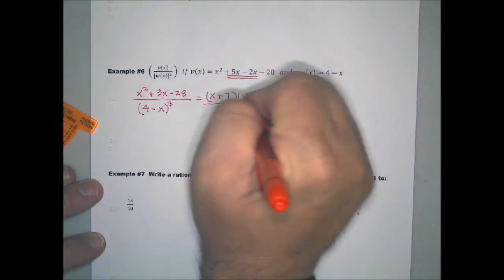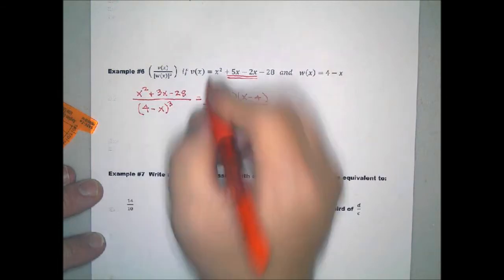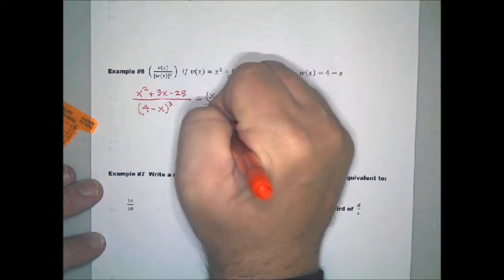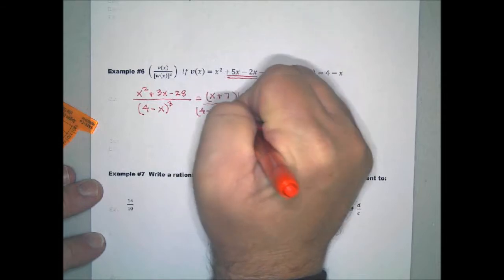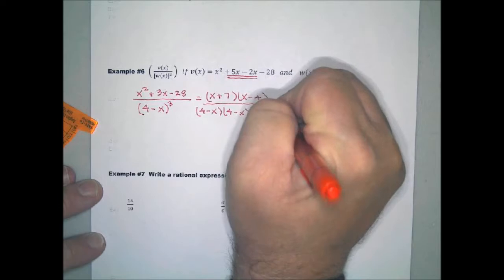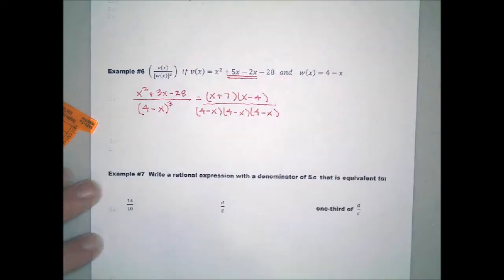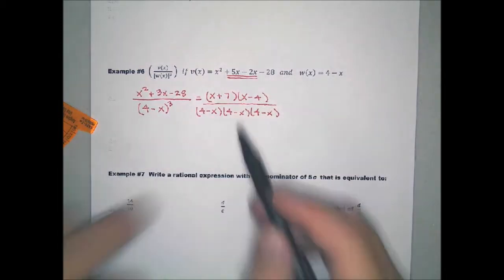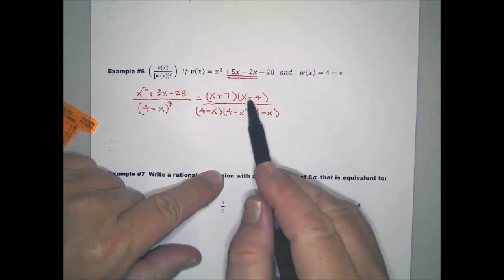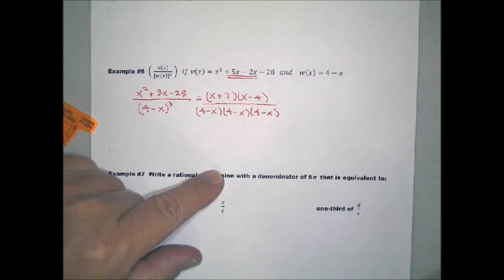And down here, I'm going to put 4 minus x, another 4 minus x, and another 4 minus x. The reason I wrote it 3 times is because all 3 of them are the exact opposite of x minus 4, but only one of them will reduce.